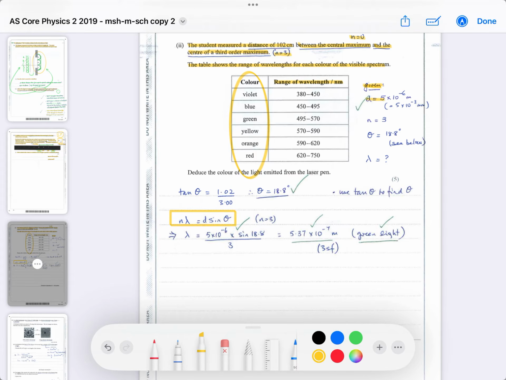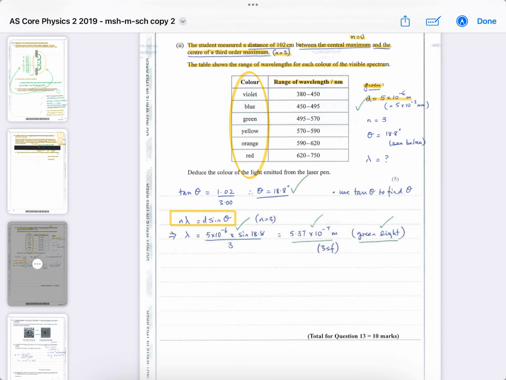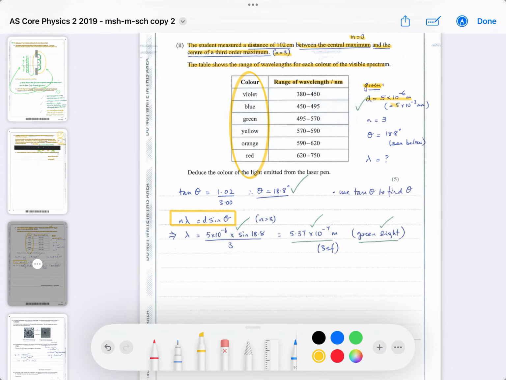We know d in meters would be 5 times 10 to the minus 6 meters, because it was 5 times 10 to the minus 3 millimeters, so in meters it's 1,000 times smaller. n we want is 3, so we need to use n as 3.